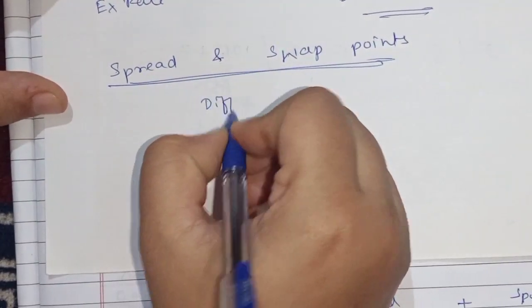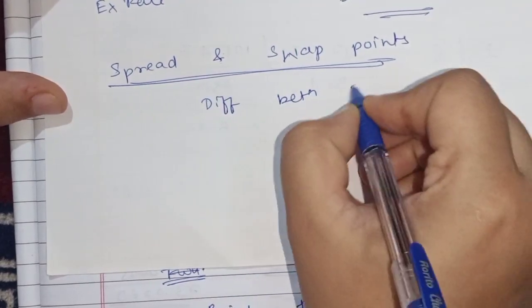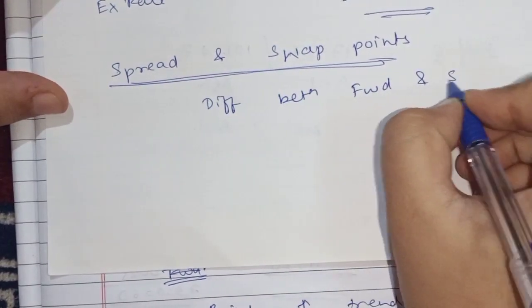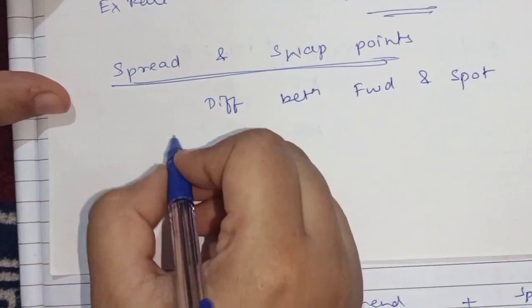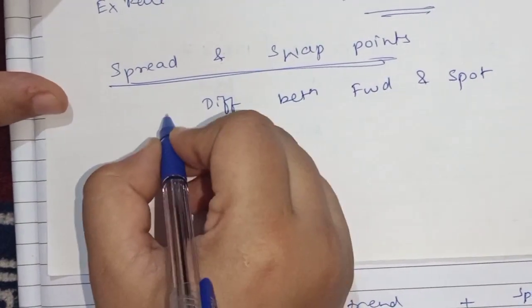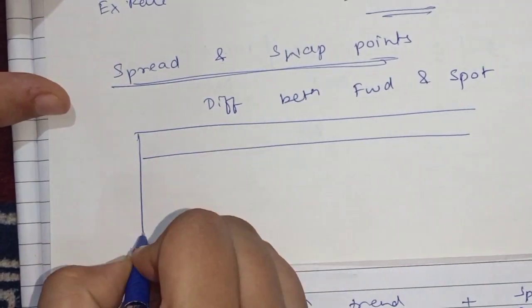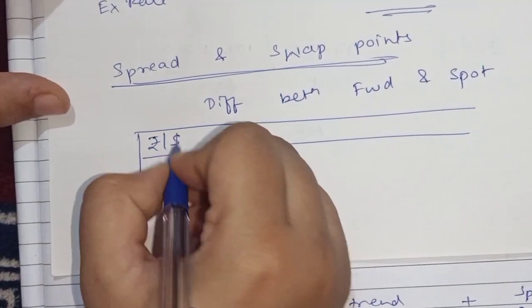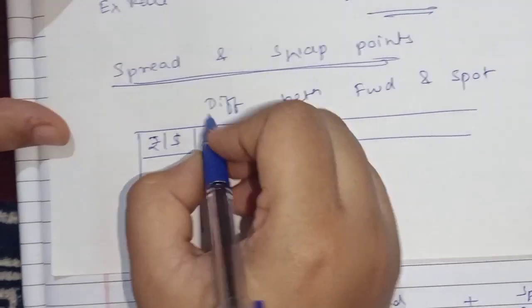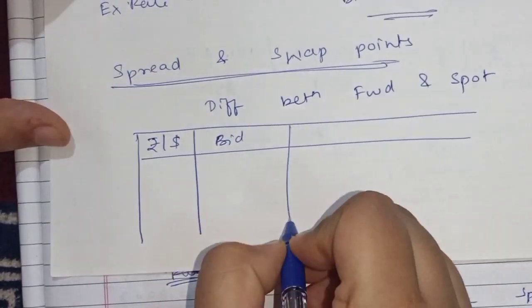So the difference between forward and spot, you can write it here. Then make a table. Let us say rupee per dollar are the exchange rates: bid, ask.